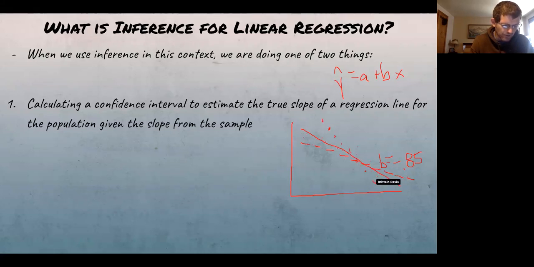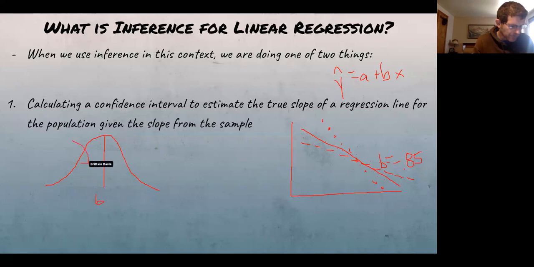So what is the range of probable slopes, given that I could pull millions of different samples from the population? Conceptually, what we have is a distribution of all the different slopes. I've got the slope that I actually found, and there might be some variation from that. Of course, this is what we refer to as our standard error.